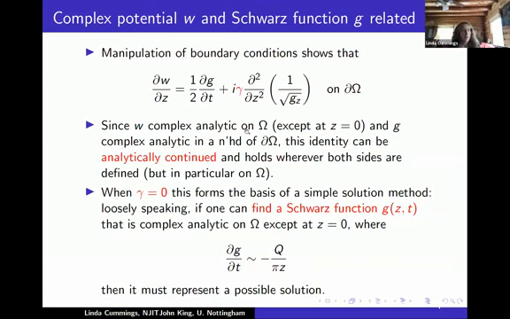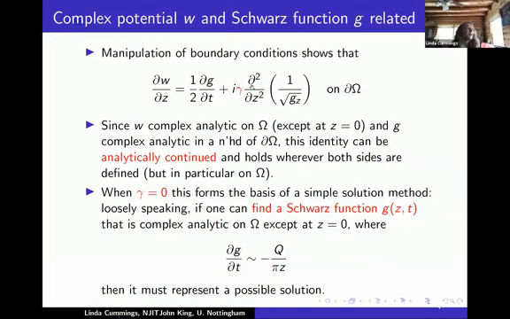And you know that the Schwarz function g is guaranteed to be complex analytic, at least in a neighborhood of the boundary curve. Well, what that means is that this identity here can be analytically continued away from the boundary curve. And you can say that it holds wherever both sides are defined. But in particular, it holds on the fluid domain omega.